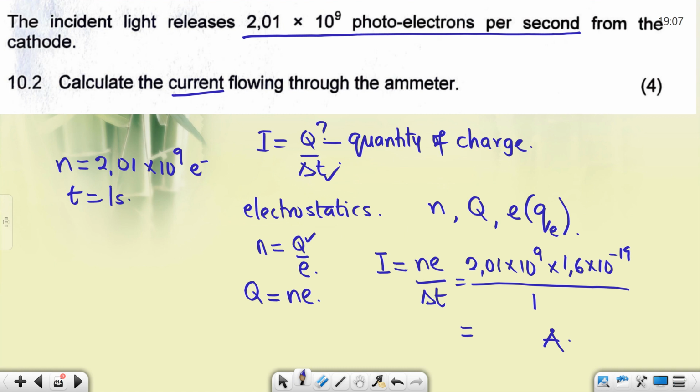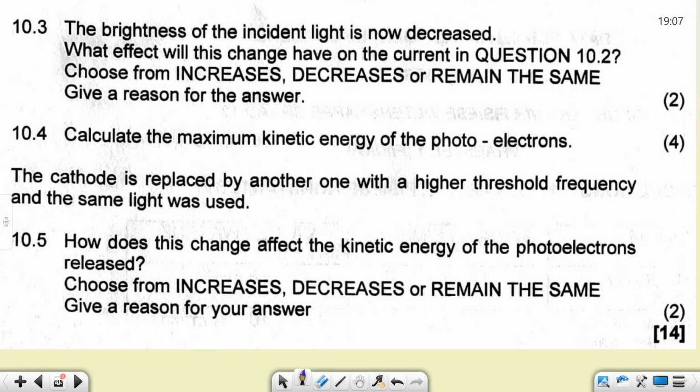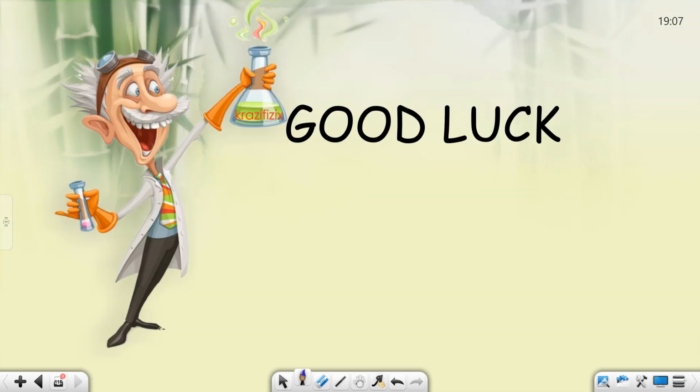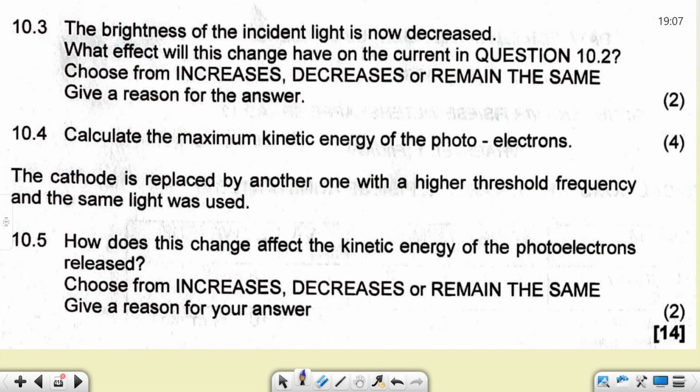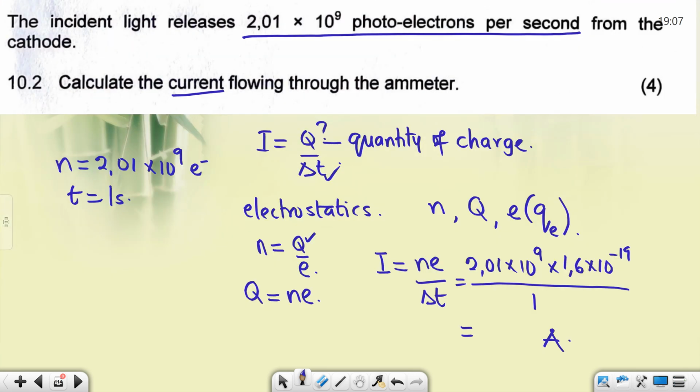I hope you see the dynamics of how questions can be thrown at us. Waiting for an answer from you. Three comma 22 times 10 to the power negative 10.